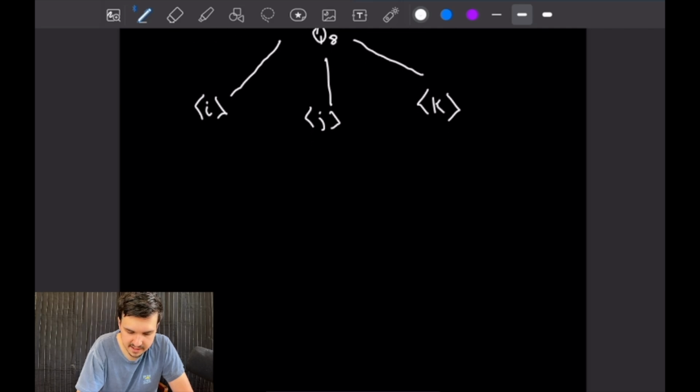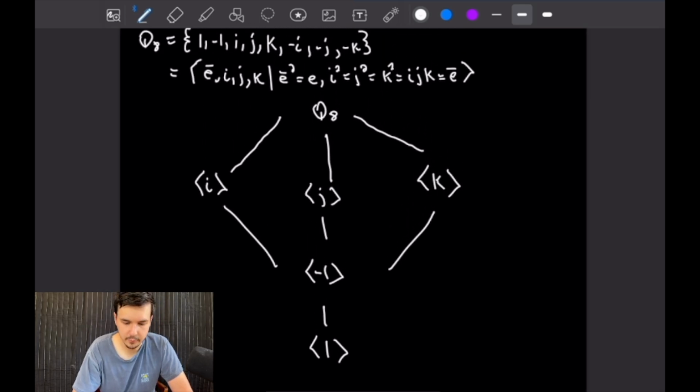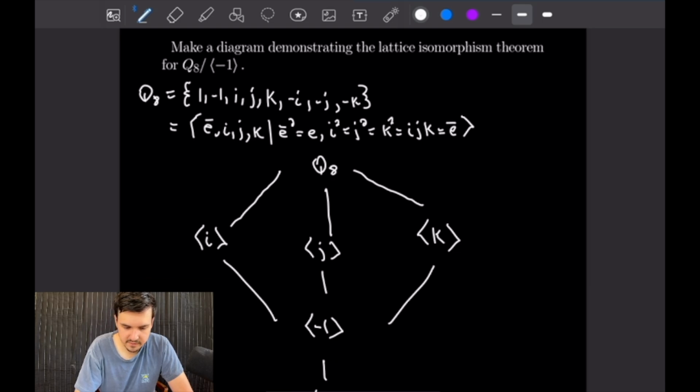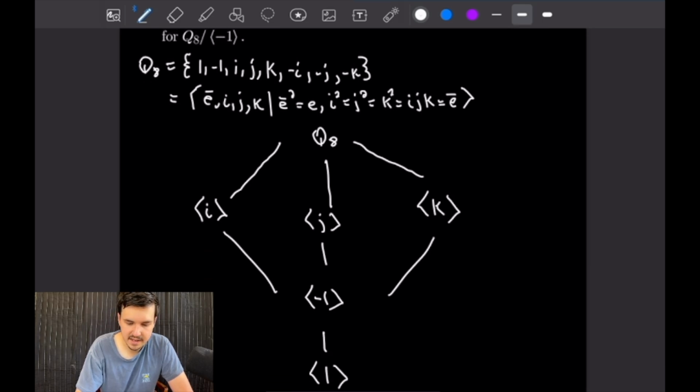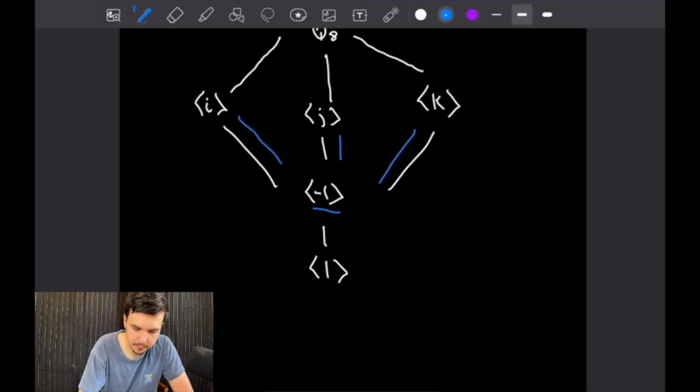All of these are connected to the group generated by -1. Down here, we also have the group generated by just the element 1, which is the trivial subgroup. What we're looking for is the diagram for Q8 mod the set generated by -1, which means we're only interested in things from -1 and above, and that would be this diagram right here.